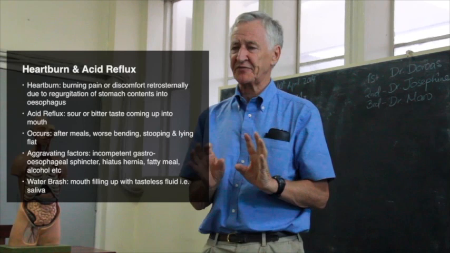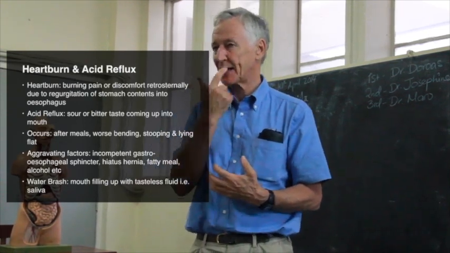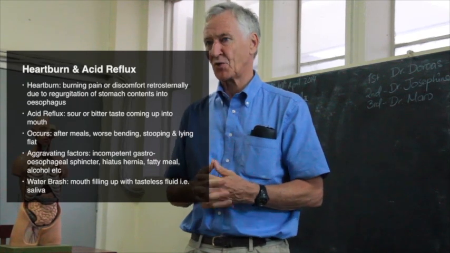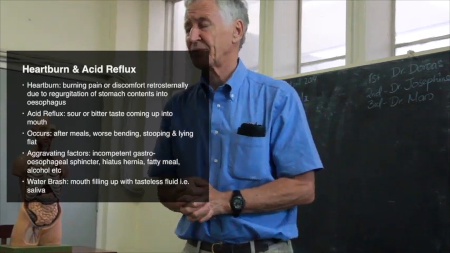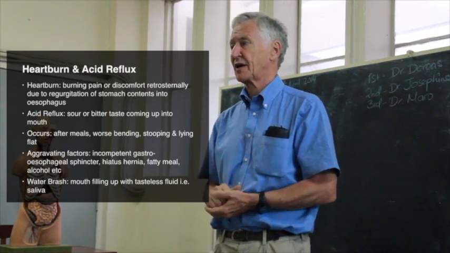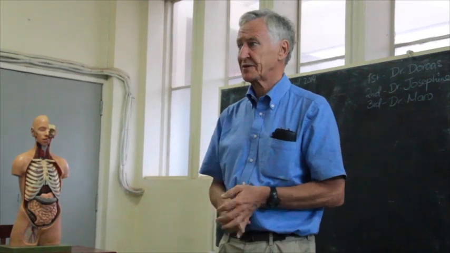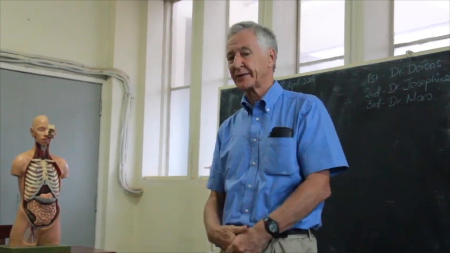Those two are very non-specific, but they may be associated with peptic ulceration. So students sometimes have to be reminded that you often have to ask, do you have any difficulty in swallowing, of course, and then pain.